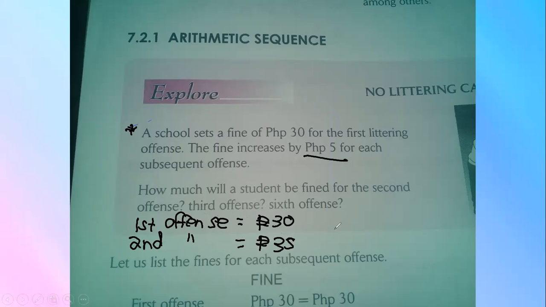Okay. So how about third offense? So increase mo lang by 5 pesos. Kung 35 ang second mo, so ito ay 40 pesos. Okay, sa fourth offense, hinahanap natin yung sixth offense. So fourth offense, increase mo lang by 5 pesos. Ibig sabihin ito ay 45 pesos.